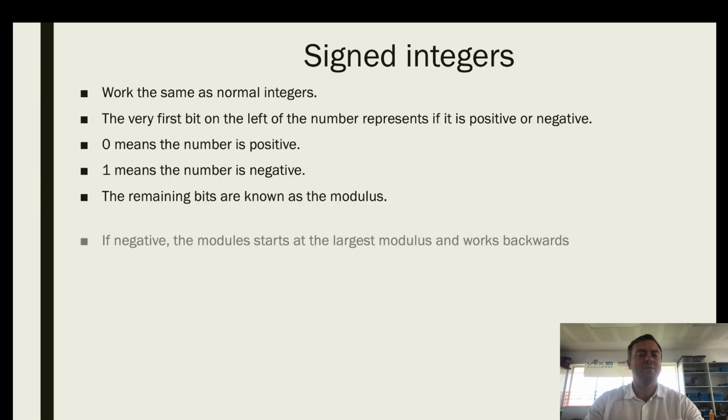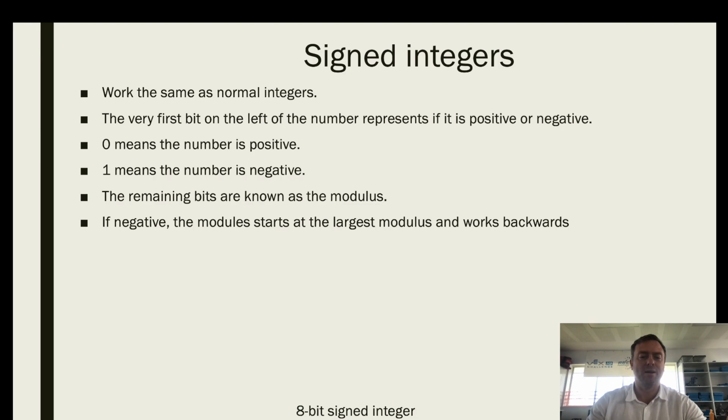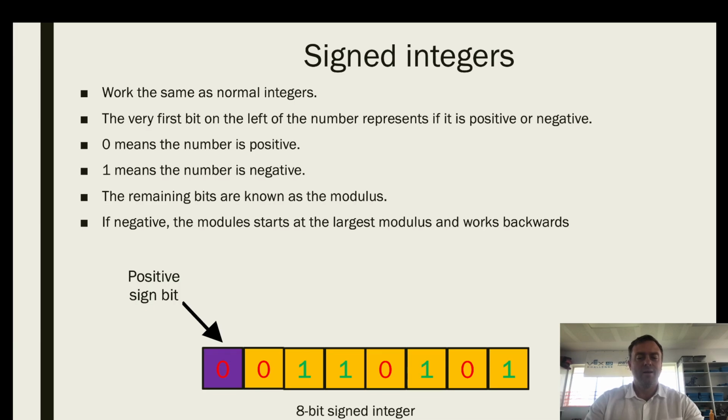And then if it's negative, this is where it gets a little bit different. You start from the backwards. So you work backwards with the largest number possible, and then go from there. So for an 8-bit signed number, basically the sign bit is this. That tells you if it's positive or negative. And then everything else after that tells you the size of the number. Now this is a little bit reversed for some signed integers.